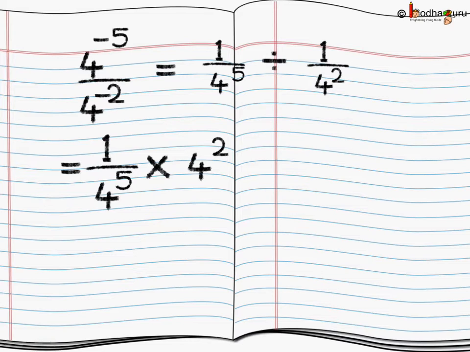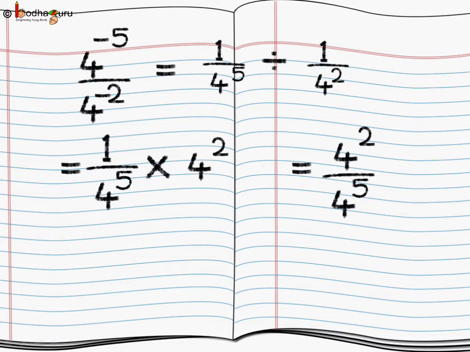Because here we have a division operation and we can change the division to multiplication by taking the reciprocal of the number. So the reciprocal of 1 by 4 to the power 2 is 4 to the power 2. So this becomes equal to 4 to the power 2 divided by 4 to the power 5.